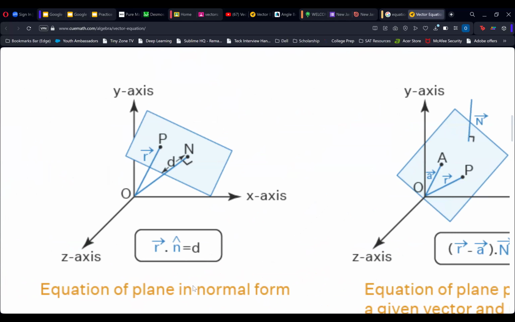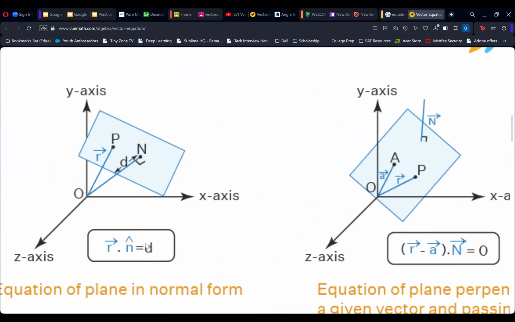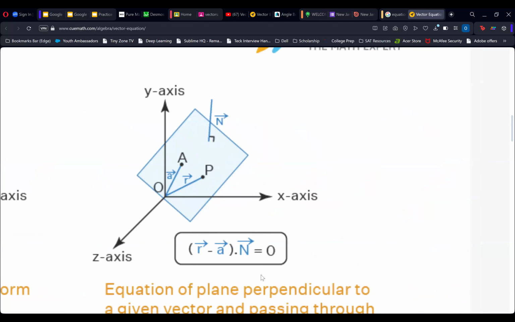If you realize this D here is really just a point on the plane multiplied by the normal. So these are interchangeable. This is what is very important to know. You're supposed to know it at the back of your hand.